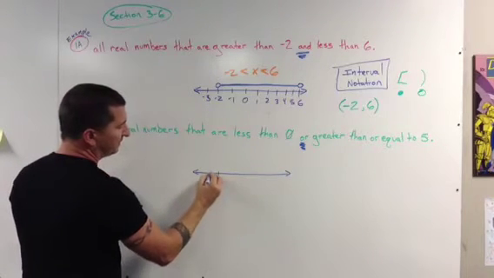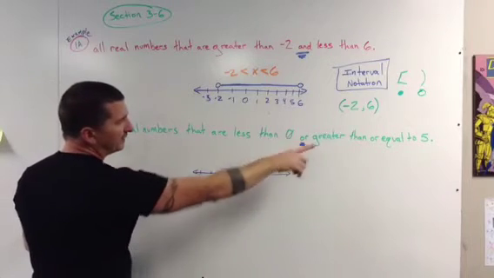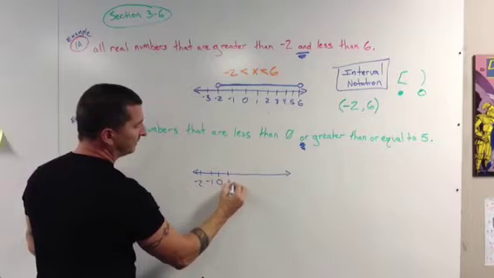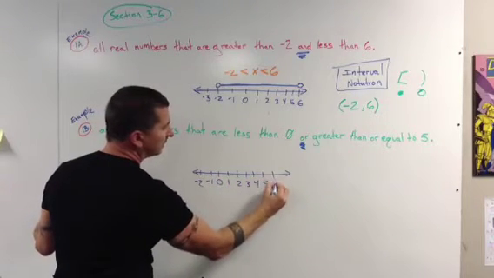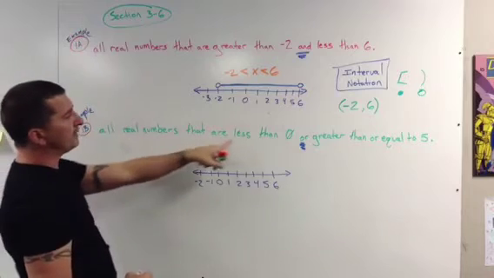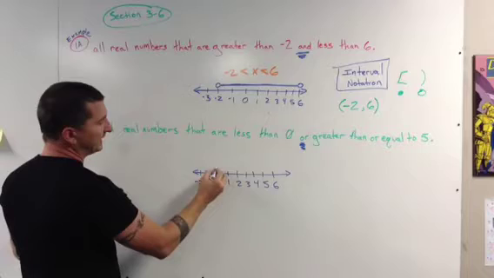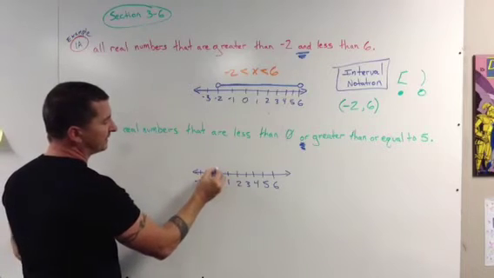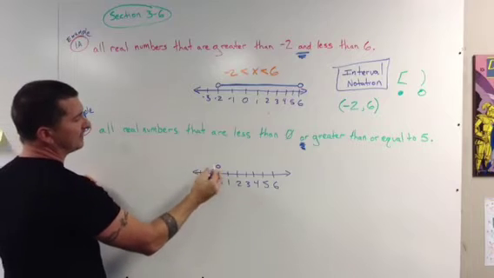I'm going to put a 0, start there. And then we know we're going all the way up to 5. This is an open circle because it's less than. It's not equal to, it's less than. So we have an open circle, but all the numbers are less than 0. That's going to the left.